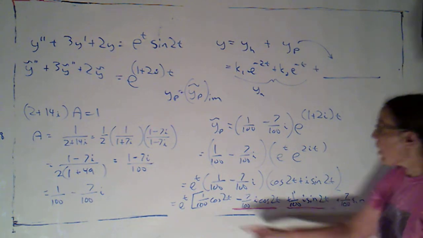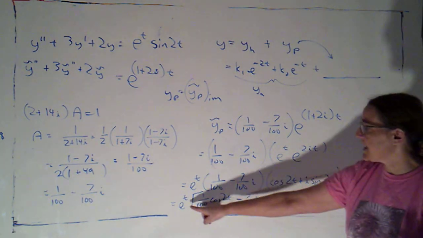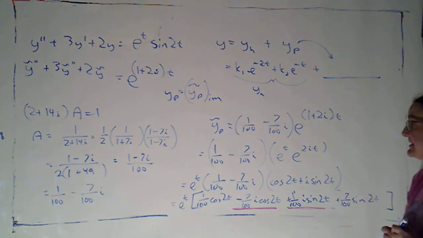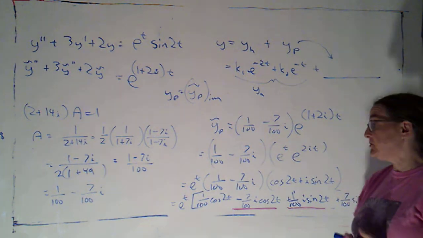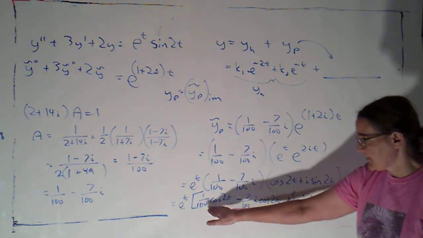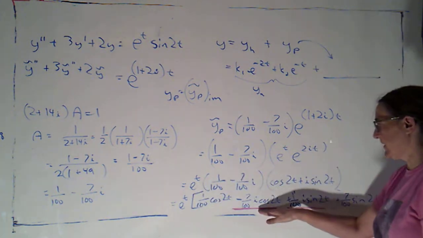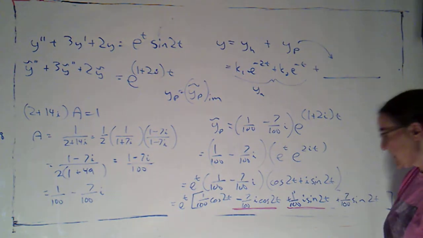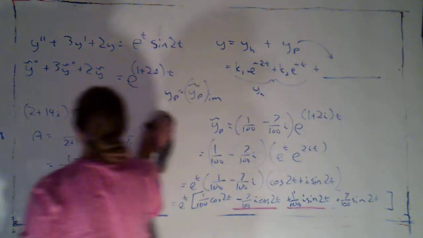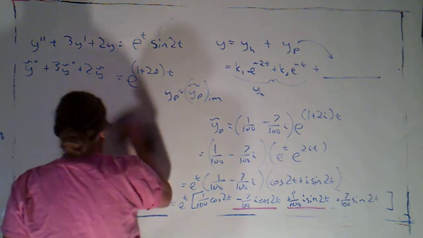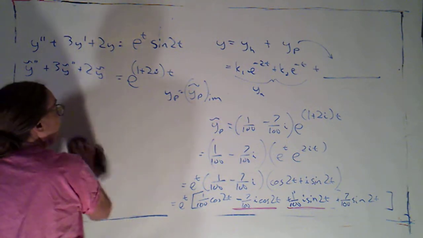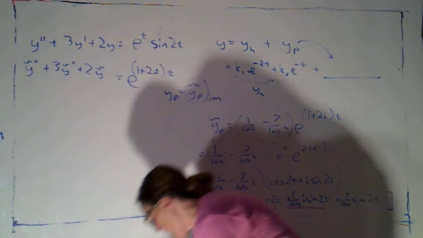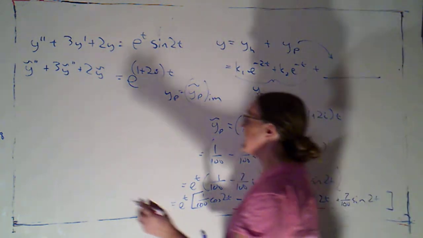Okay. Now, all of these terms get multiplied by e to the t, but since that's a real valued function, if I started with something real, I still have something real. If I started with something imaginary, I still have something imaginary. So I should be able to pick out what the imaginary part is.